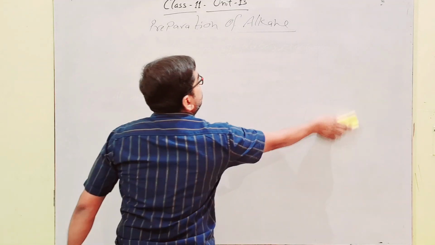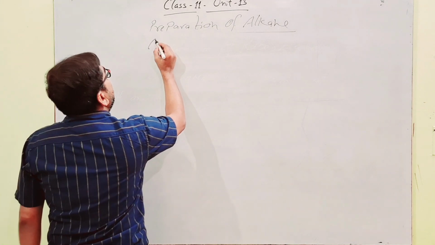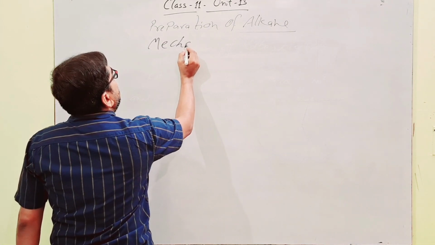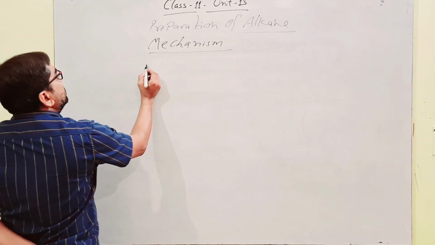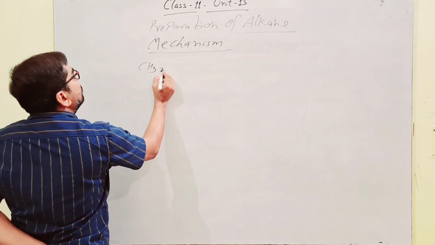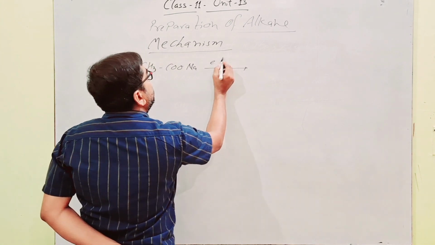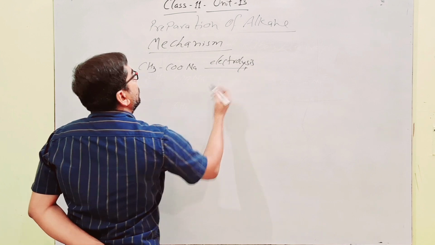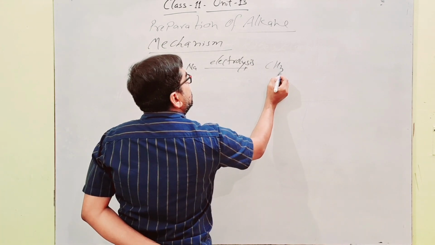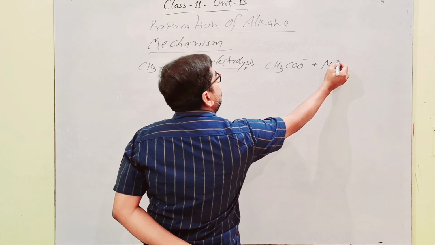Next is the mechanism of Kolbe electrolysis. Here CH3COONa under electrolysis gives CH3COO minus plus Na plus.